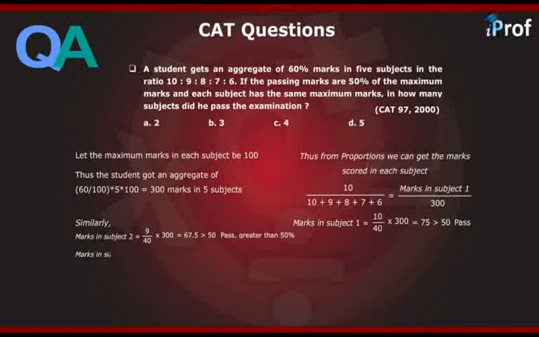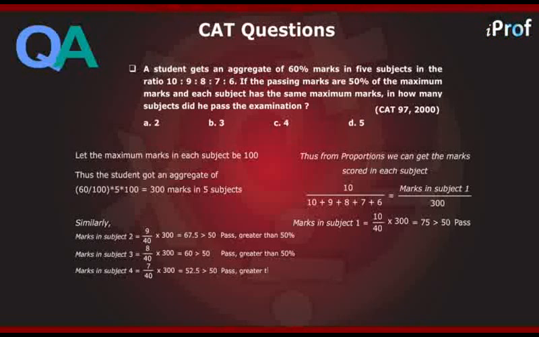Marks in subject 3 is equal to 8 divided by 40 into 300, which is equal to 60, which is greater than 50. Hence, he passed in subject 3. Marks in subject 4 is given by 7 by 40 into 300, which is equal to 52.5, which is greater than 50.